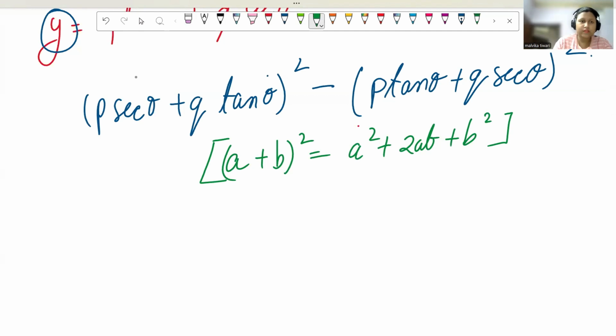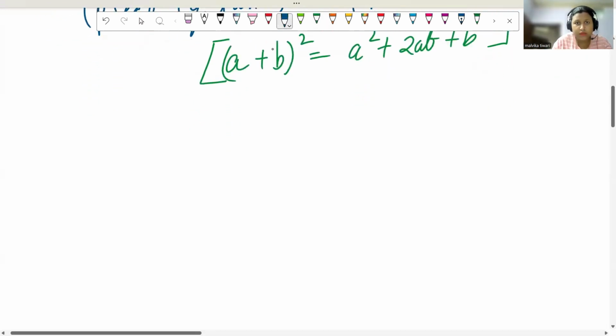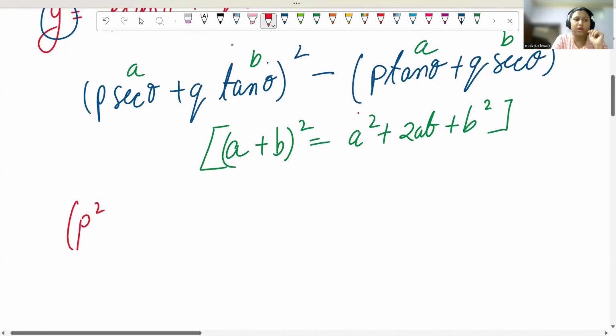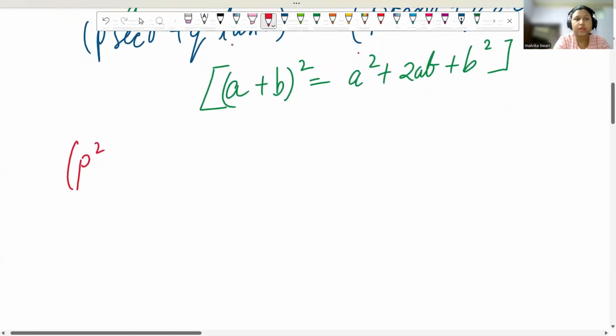Where this is our a, this is our b, and again this is our a, this is our b, two separate a's and b's. So the thing that we are getting after expanding is p square. Let's not open the bracket right now because there is a minus sign in the middle, right? So we'll have to change the sign of the second expanded term. Okay, so let's not open the brackets right now.